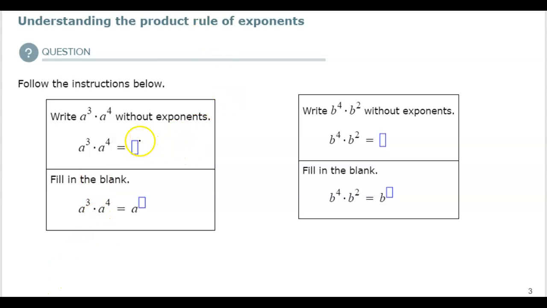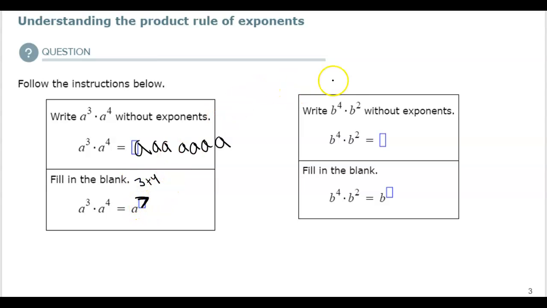So I really have 3 a's times 4 a's, which is 1, 2, 3, 4, 5, 6, 7 a's. Or I could have thought 3 plus 4 equals 7.